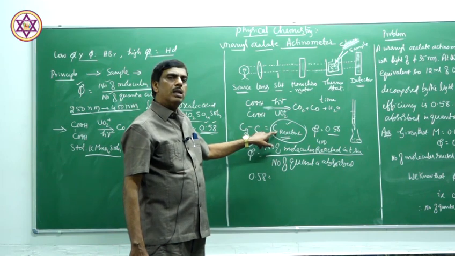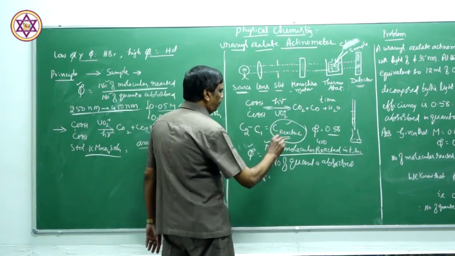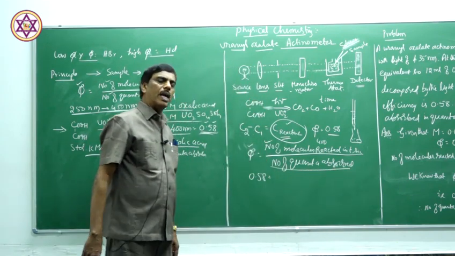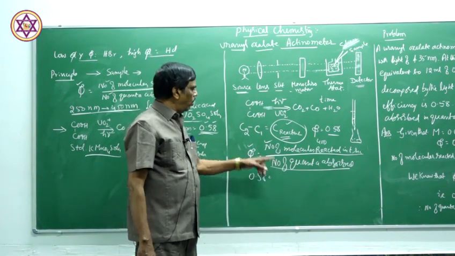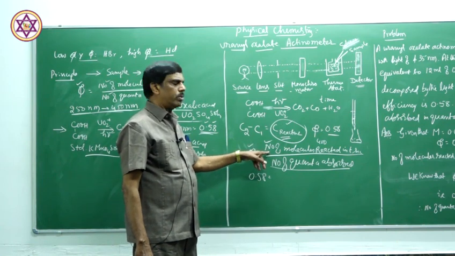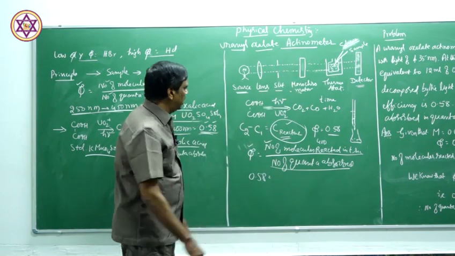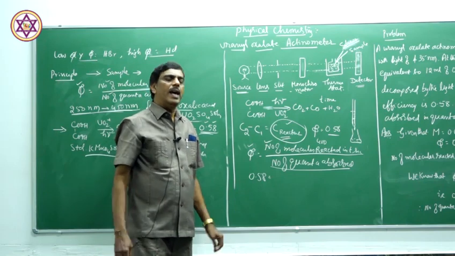So the number of quanta absorbed can be calculated. By knowing the number of quanta absorbed and the number of molecules reacted, you can find out the quantum efficiency of any reacting substance. That is the working of this uranyl oxalate actinometer.